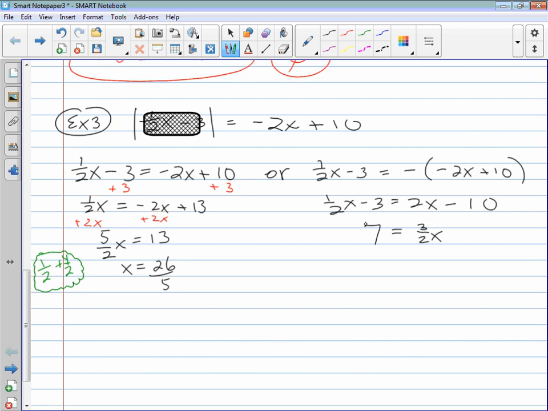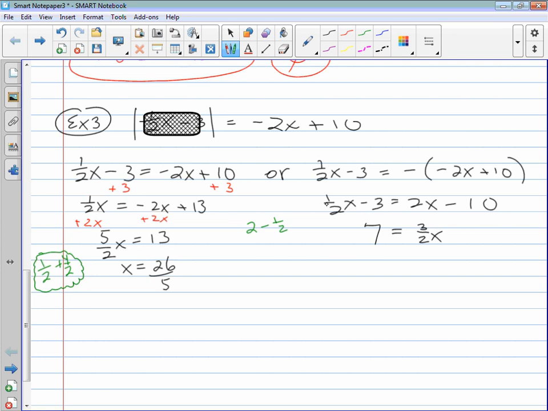I got negative 3 and... Well, be careful. If you subtract 1 half x from 2x, right? Here's a little thought bubble. Here's 2 minus 1 half. 1 half minus 2. Well, if you want to bring this over to the other side, then the 1 half is going to be negative. Oh, I'll tell you what. You might have had negative 3 halves and negative 7, right? Yeah, I got negative 3 halves equals negative.